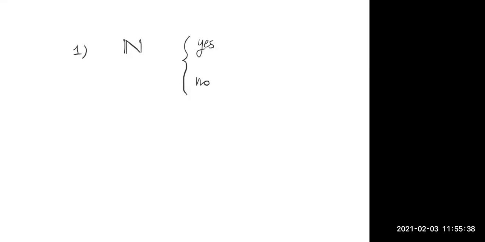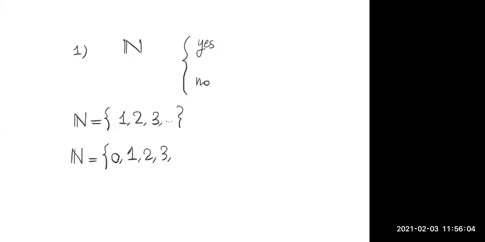Okay, so let's see. I should check all the properties. But let's get something straight first. This is more about convention. What is N? Is N the set of numbers 1, 2, 3, etc., or do you define N to be the set of 0, 1, 2, 3, etc.? Which one is your definition?